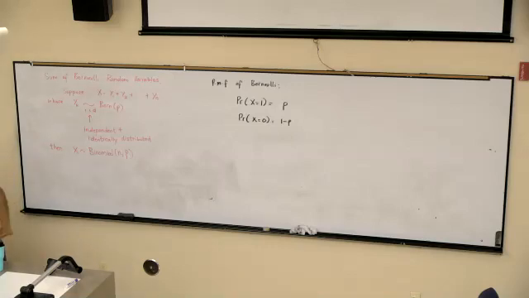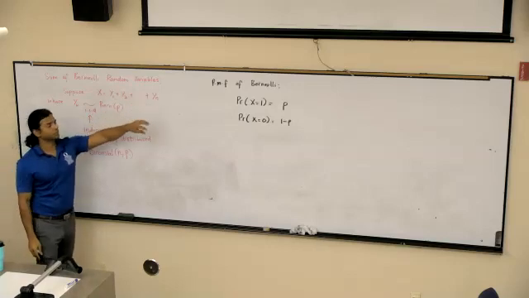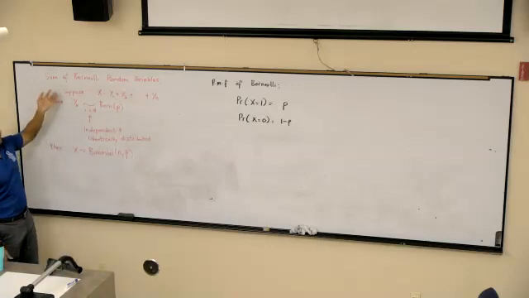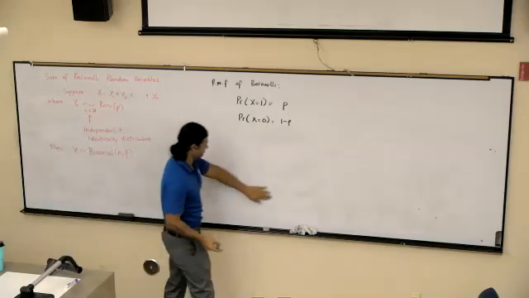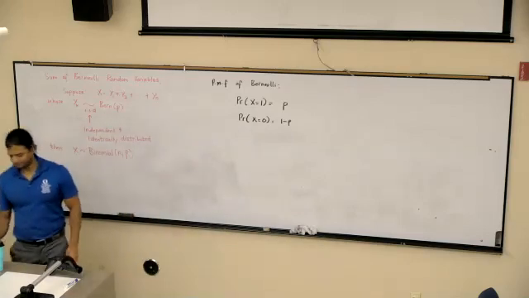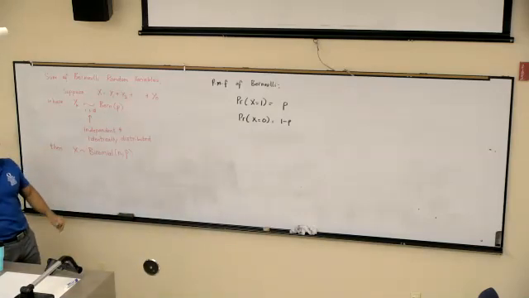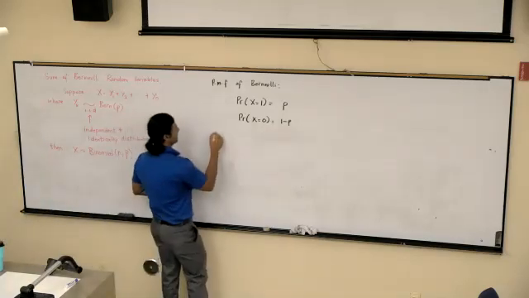So to understand why Y1 plus Y2 all the way up to Yn would be a binomial, give me a simple case for n. How about 4? Suppose n is equal to 4.